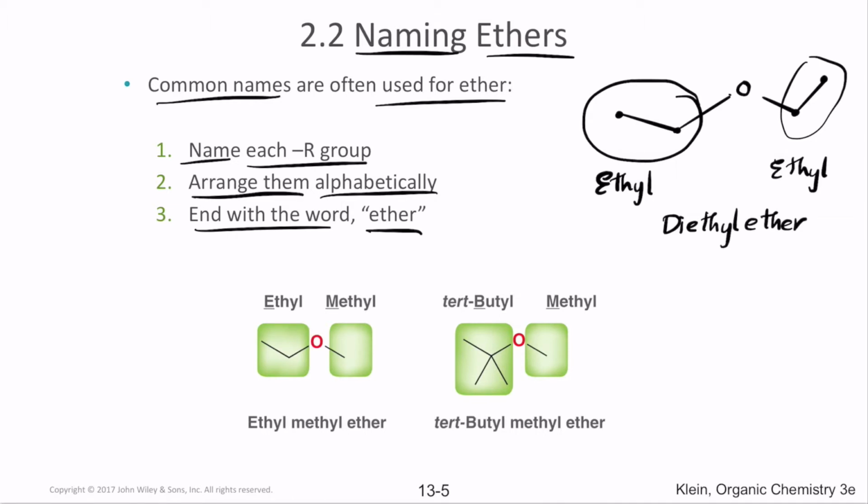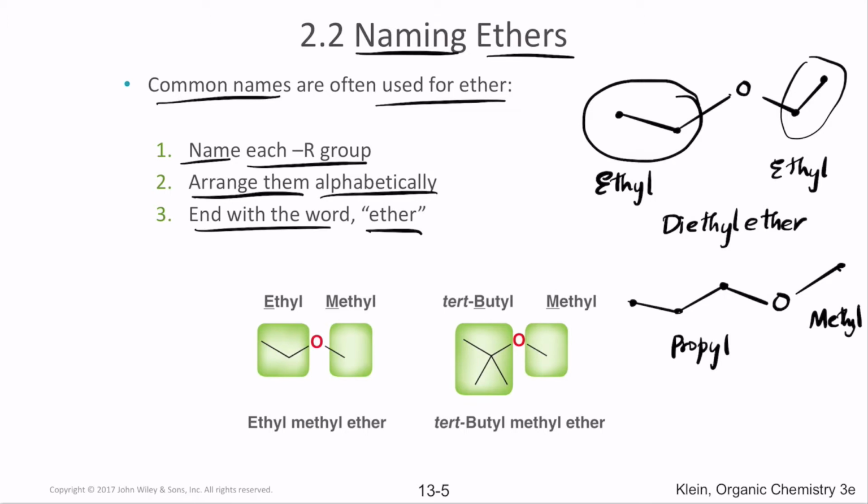For example, if the two groups were different, let's say you had this structure. Notice that there are three carbons, 1, 2, 3. So these three make it a propyl group, and this is a one carbon compound, so there is a methyl group.